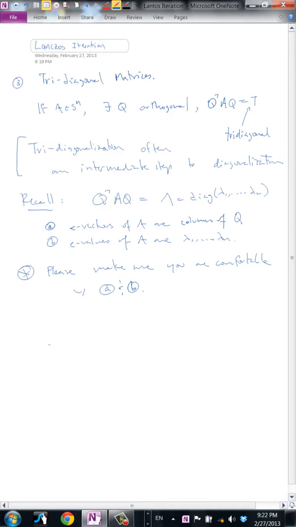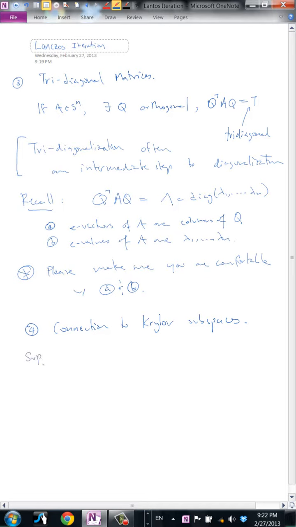Okay, now going back to the previous point, it turns out that there is an important connection to these Krylov subspaces that we just introduced. The connection is as follows.